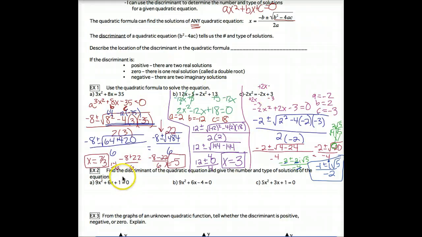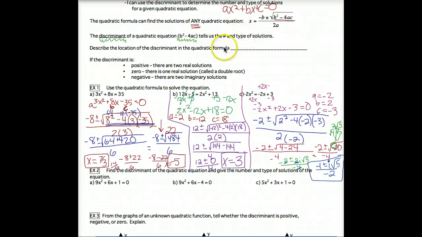So now, the second thing we need to be able to do is to find what's called the discriminant of the quadratic equation. And up at the top of the notes here, I've got it defined. The discriminant is just the b squared minus 4ac part. That b squared minus 4ac is going to tell us the number of solutions and what type of solutions.